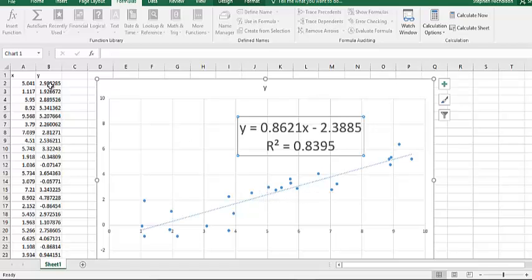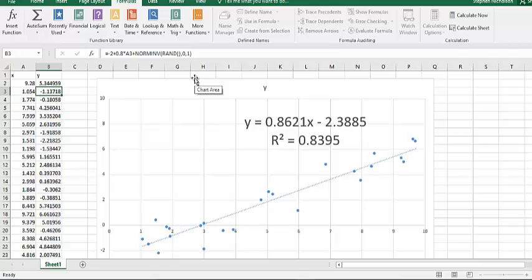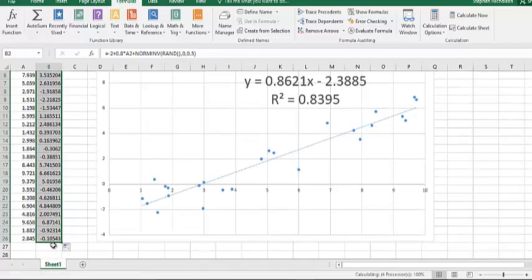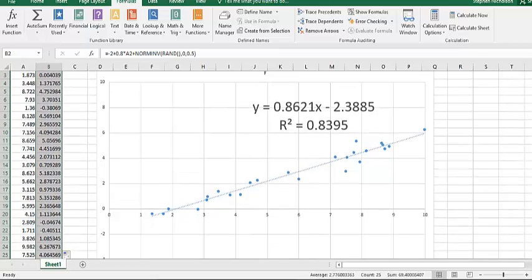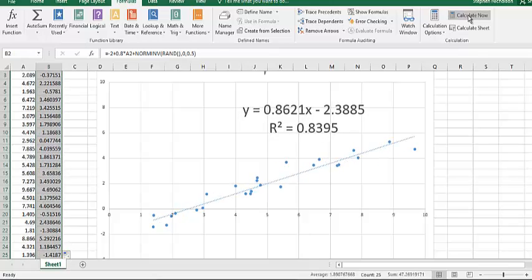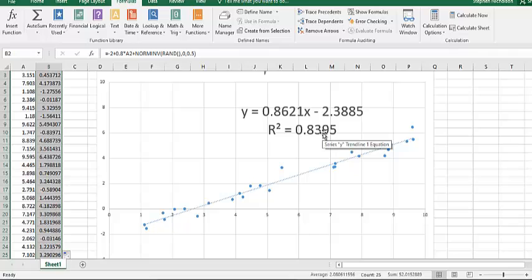Now, one thing I can do to reduce the random nature of the data is change this formula here. So what I've done now is the data is not quite as random, and if I push calculate now, it's interesting, the equation's not changing.